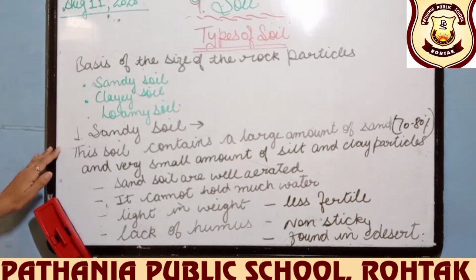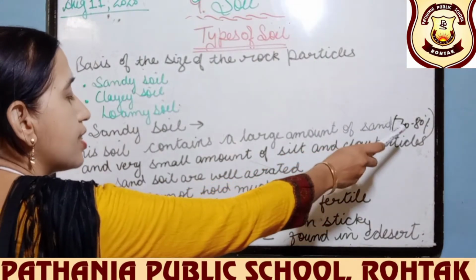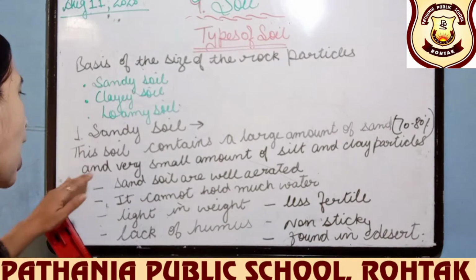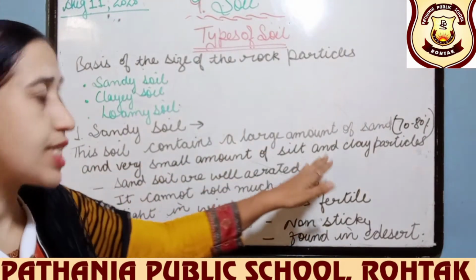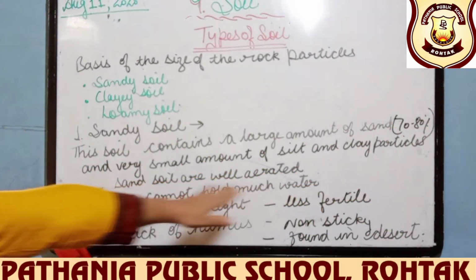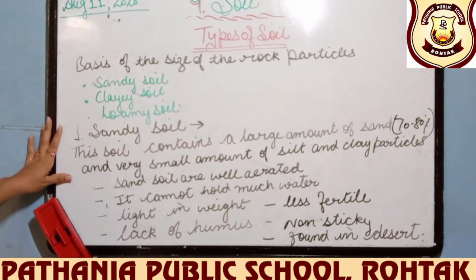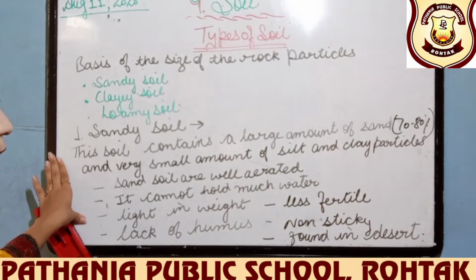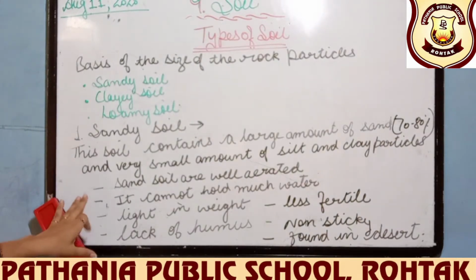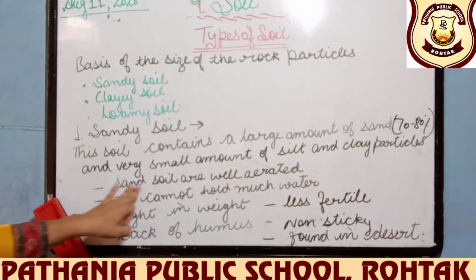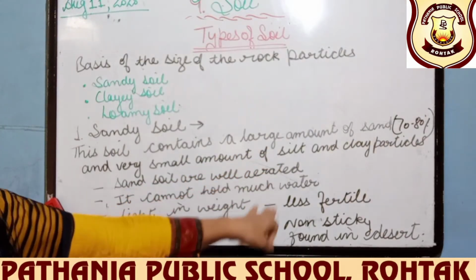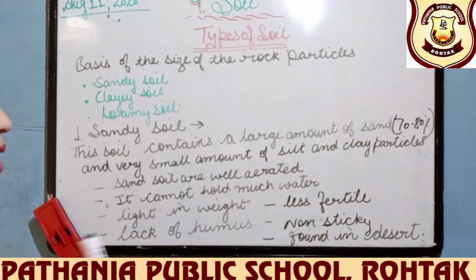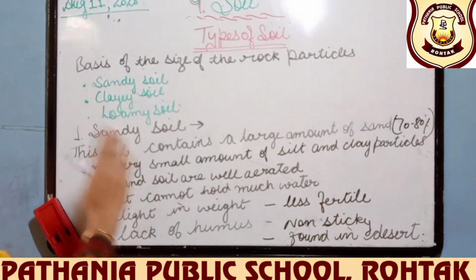Sandy soil contains a large amount of sand, 70 to 80%, and a very small amount of silt and clay particles. Sandy soils are well aerated, meaning air can pass through them.